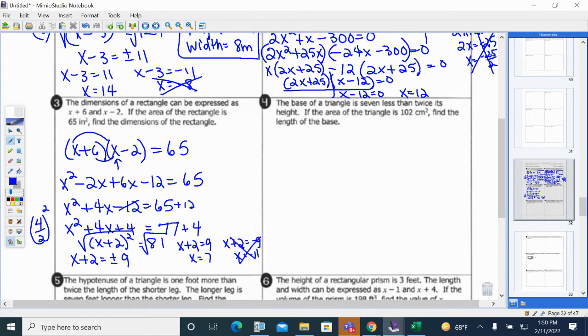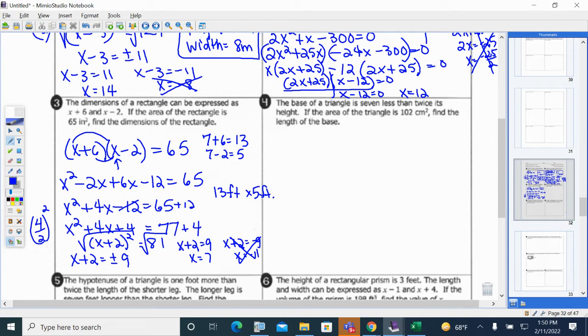So negative 11 is going to go away. So plugging 7 into the x plus 6 and the x minus 2, 7 plus 6 is 13, and 7 minus 2 is 5. So the dimensions of this rectangle are 13 feet by 5 feet.